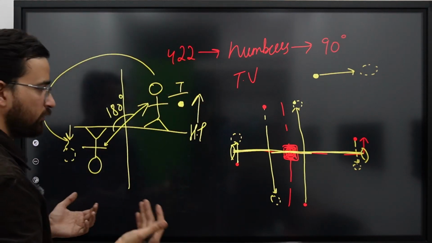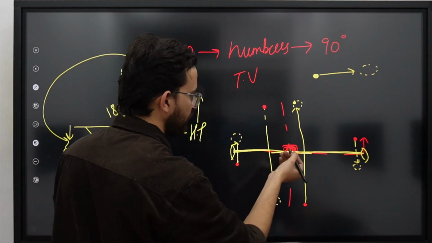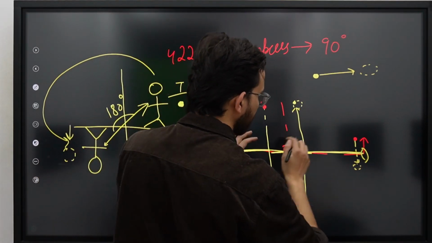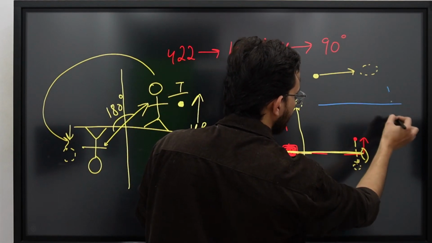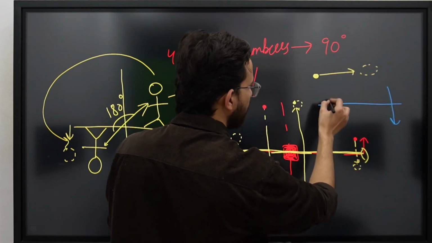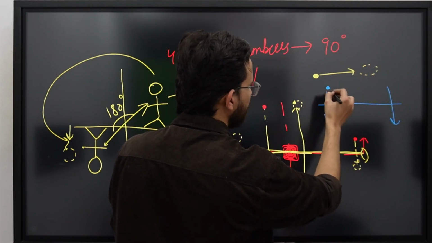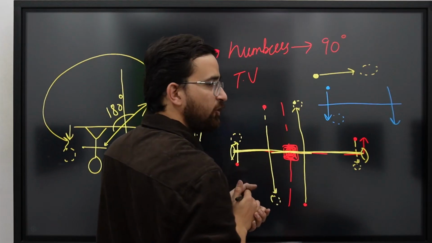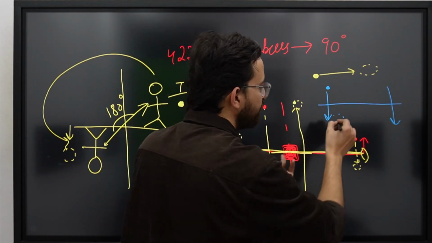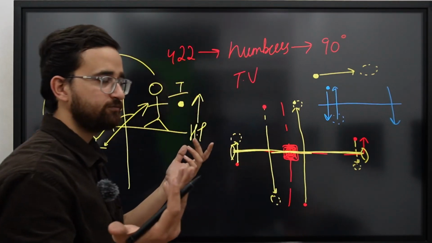If you want to remember an easier way to rotate, if this is your rotation axis, it has to rotate perpendicular to it, and you start with a solid motif, you end with an open motif. You start with an open motif, you end with a solid motif.